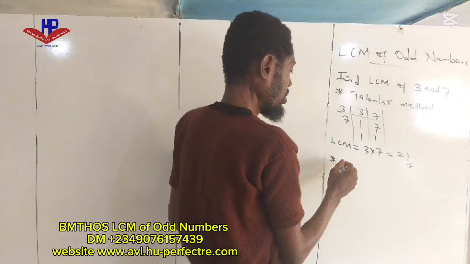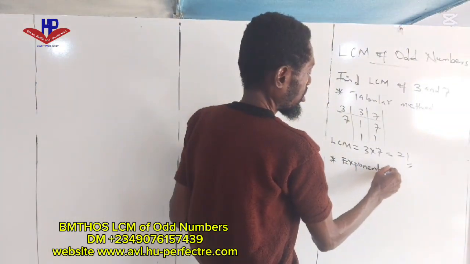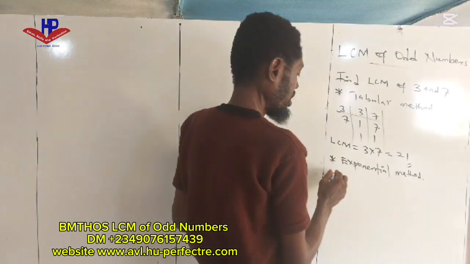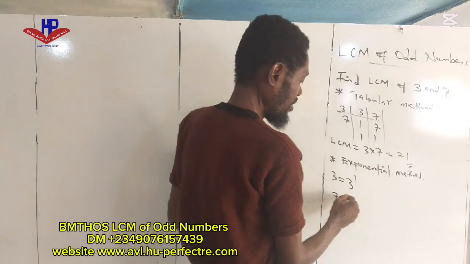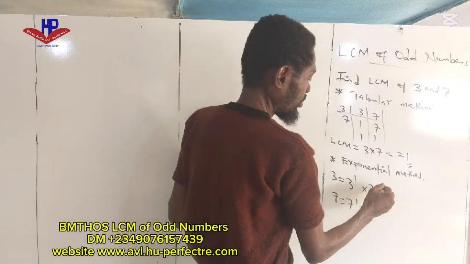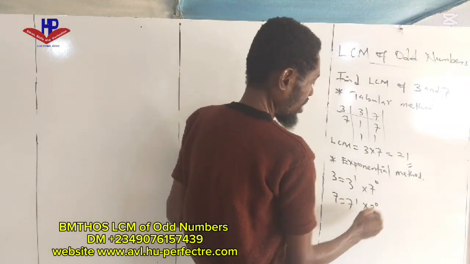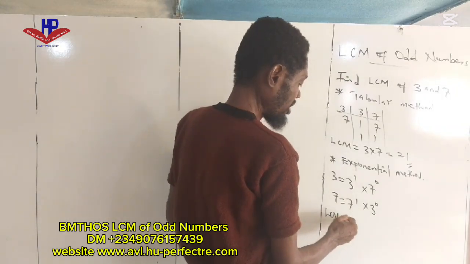Using the exponential method, you express 3 as 3 to the power 1 and express 7 as 7 to the power 1. There's no 7 here, put the 7 here to the power 0. There's no 3 here, put the 3 here to the power 0. For LCM, pick out the ones with the highest power.